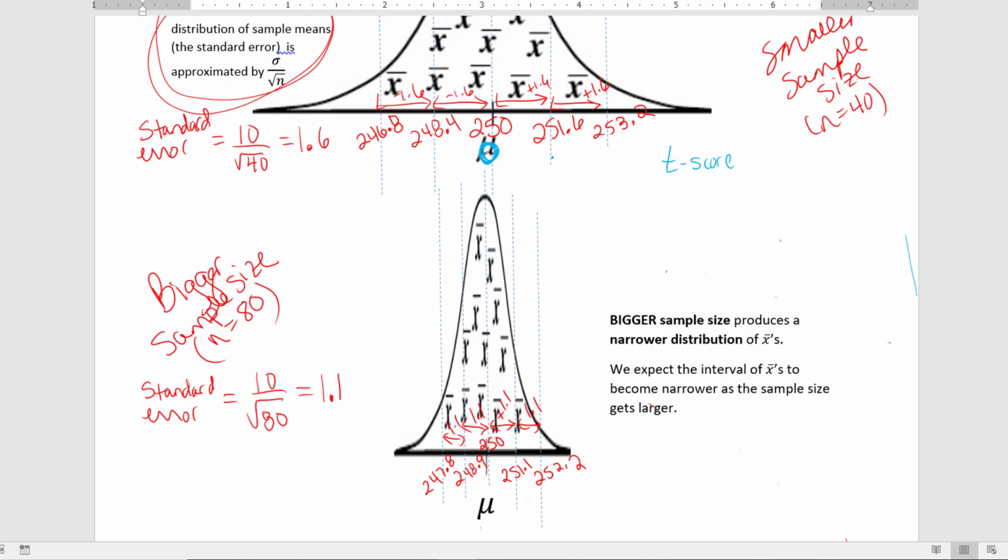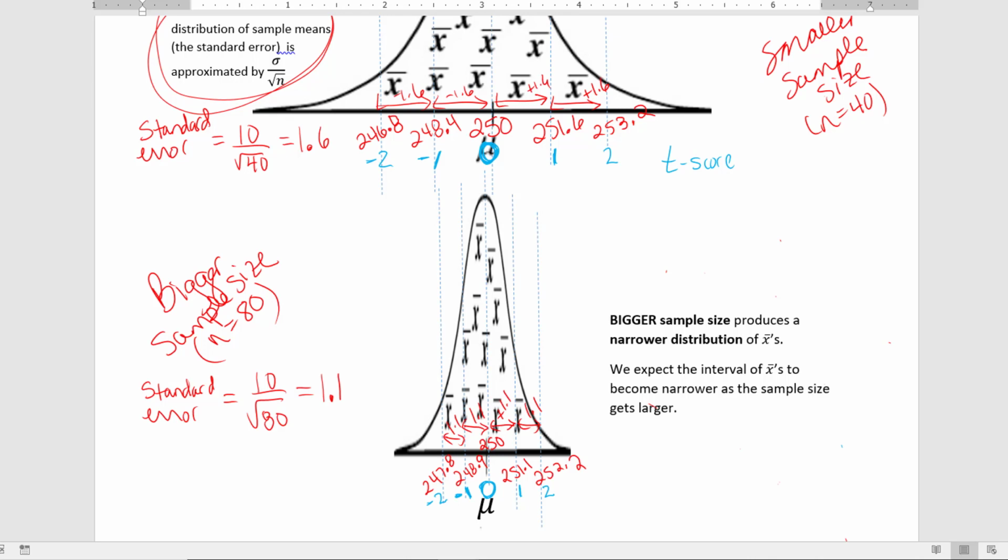And this first vertical line to the right is a t-score of 1. The second vertical line to the right is a t-score of 2. Going backwards, it would be a t-score of -1 and a t-score of -2. Similarly, in the bottom distribution, the middle has a t-score of 0, 1 up is a t-score of 1, 2 is 2, 1 below is -1, and 2 below is a t-score of -2.